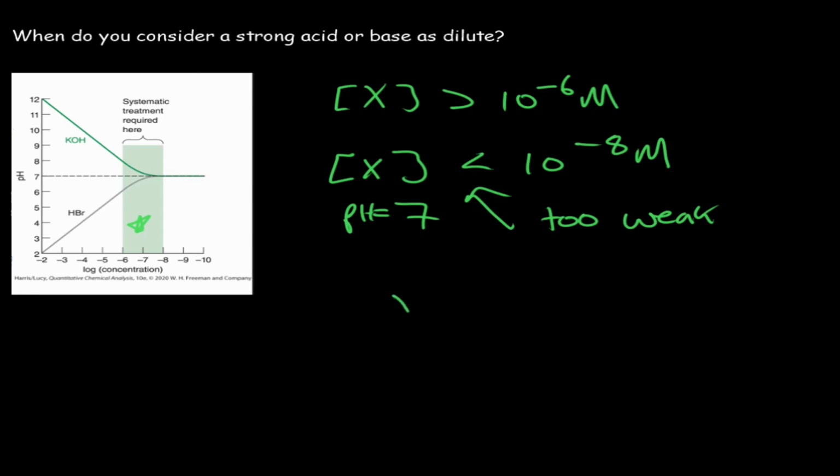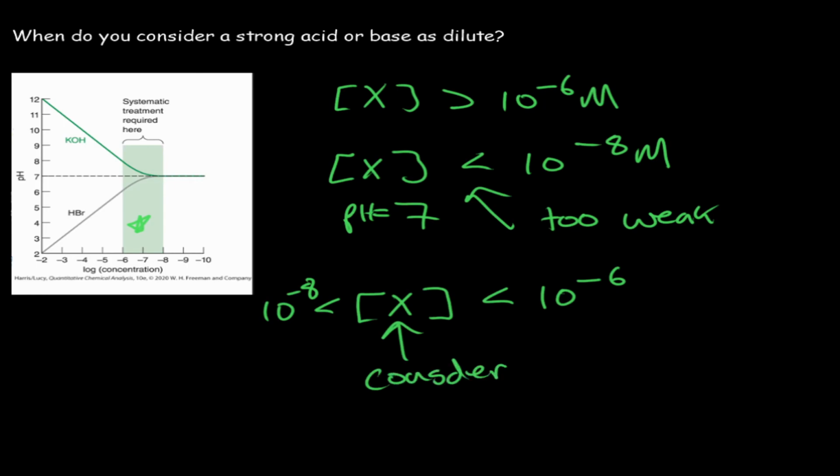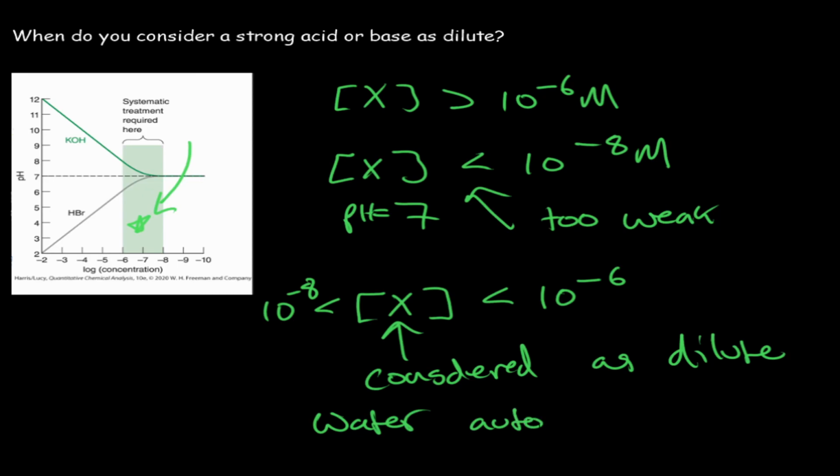But when the concentration of your acid or base is in between 10 to the negative 6 and 10 to the negative 8th, this is where we consider it as dilute. And this region, as you can see here, between negative 6 and negative 8, is where you have to consider water autoionization.